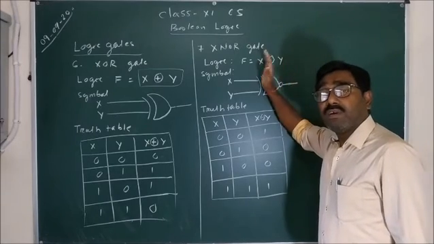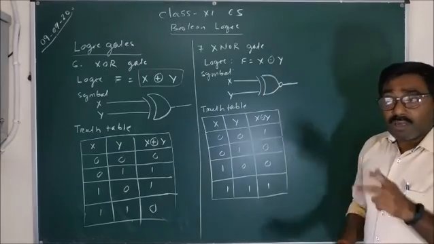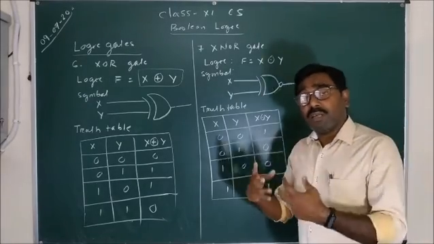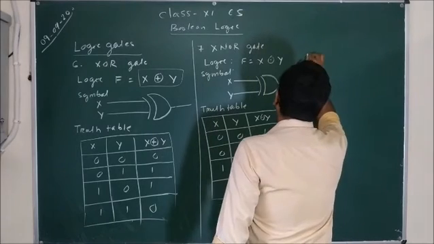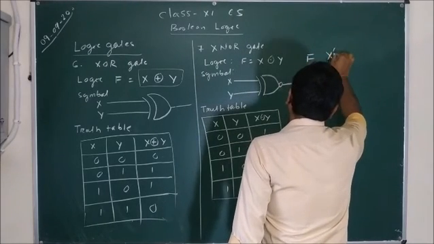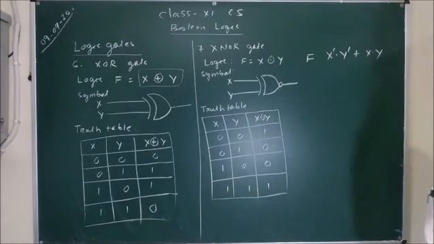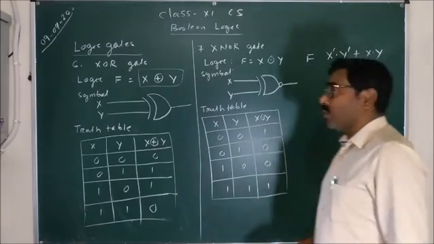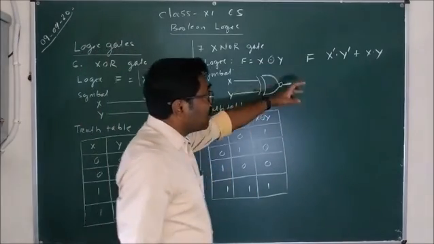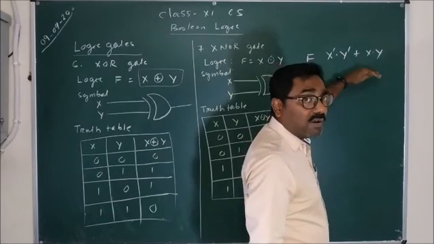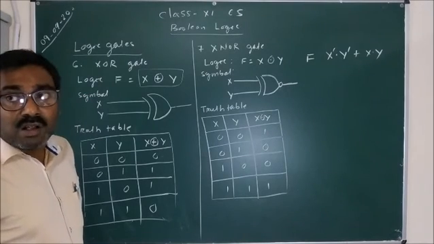Here also a different logic has been solved for this particular operator, the XNOR operator, and that logic is F is equal to X dash dot Y dash plus X dot Y, or using the commutative law you can write X dot Y plus X dash dot Y dash. So when we are solving this logic, we'll get this output. Let's verify the output whether it is correct or not.